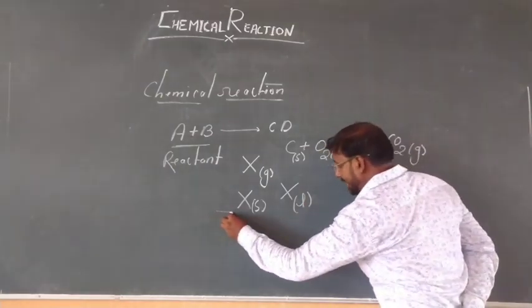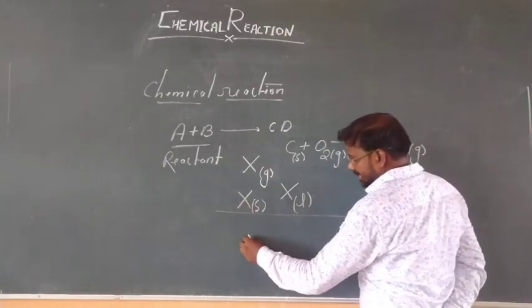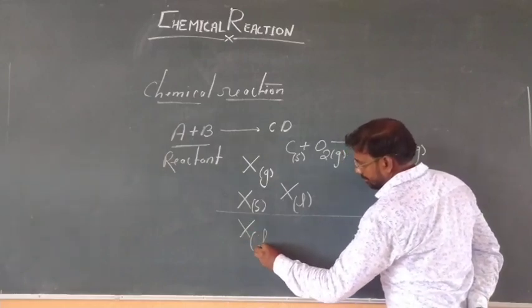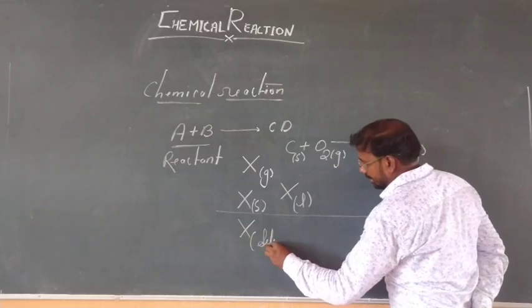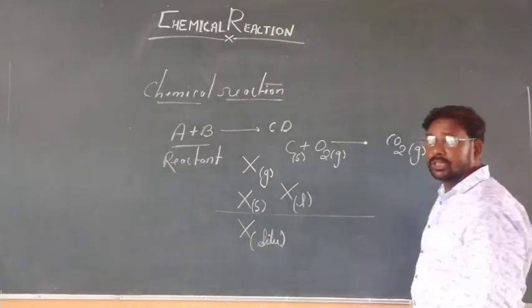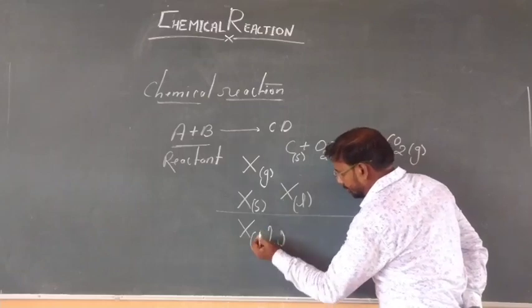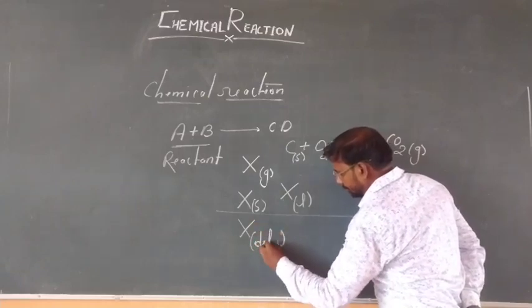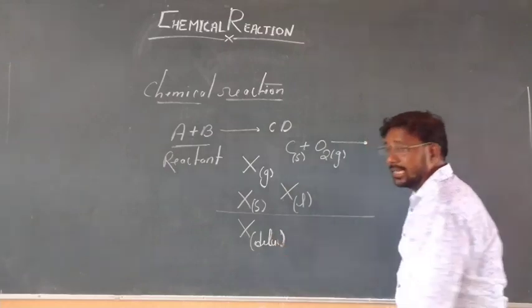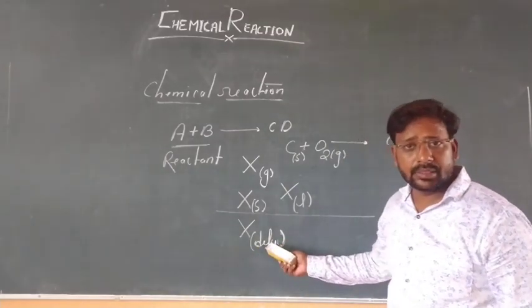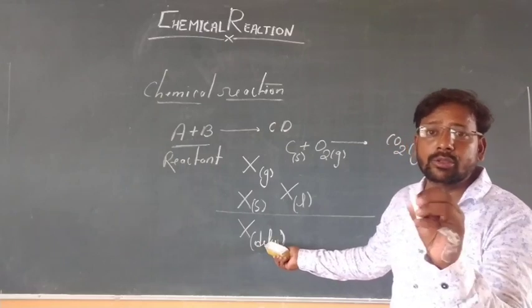Similarly, for acid and base, suppose I am writing XYZ is an acid. I will write dil, which means dilute. It means the acid is mixed with water. This is the short form of dilute, dilution.